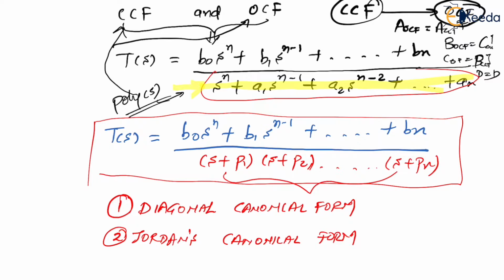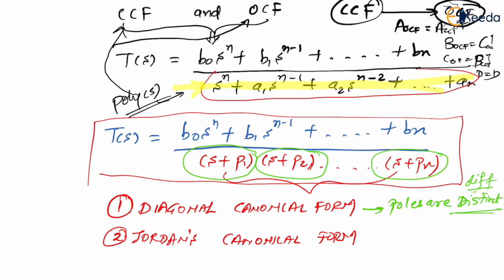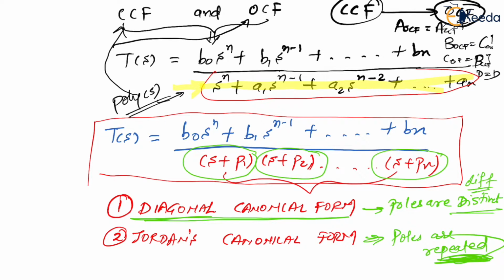When I'm talking about diagonal canonical form, all of these are the poles, right? If the poles are distinct, meaning the poles are different, then we are going to use diagonal canonical form. Whereas when you have repeated poles, then we are going to use Jordan's canonical form.